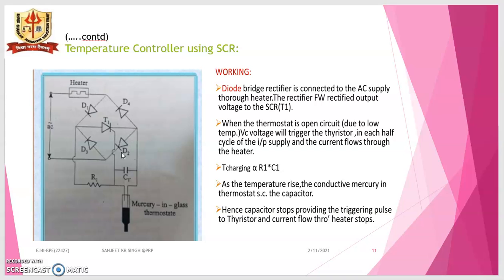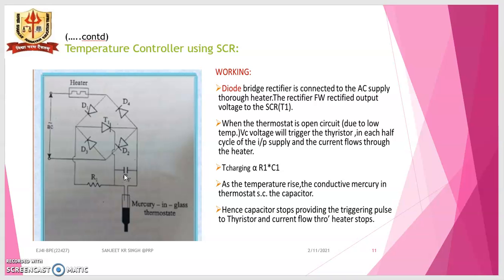Current flows through the heater, and the temperature of it goes on increasing. Due to the increasing temperature, the mercury level in the thermometer rises to the level where it short circuits the two wires, one coming from resistor R1 and the other from the capacitor.